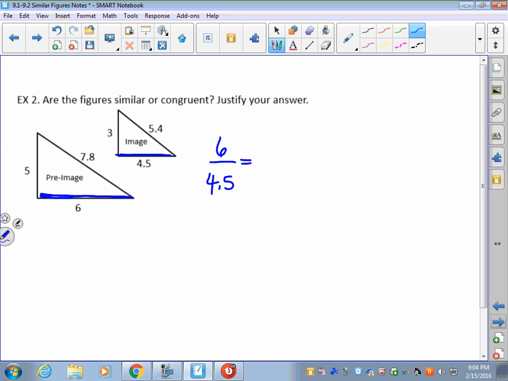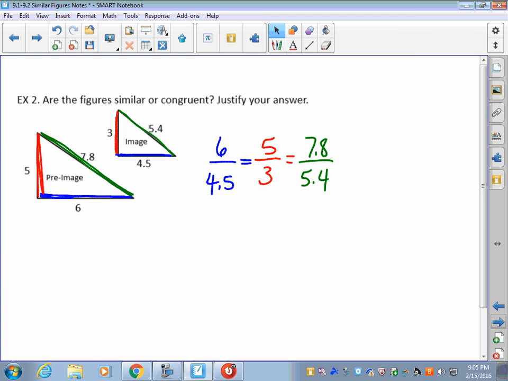Check to see if that's equal to the other leg, which was our 5 and our 3, 5/3. And then I want to check to see if the hypotenuses correspond, are proportional. So that would be the 7.8 and the 5.4. I like to just look at the cross products. To me, that's the quick way to get to my answer.